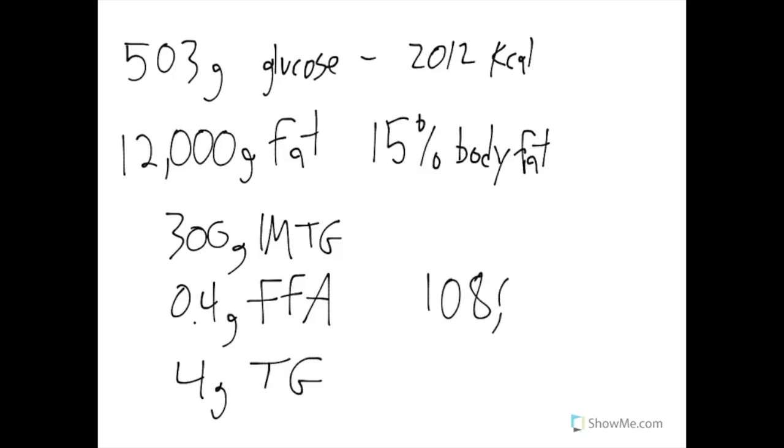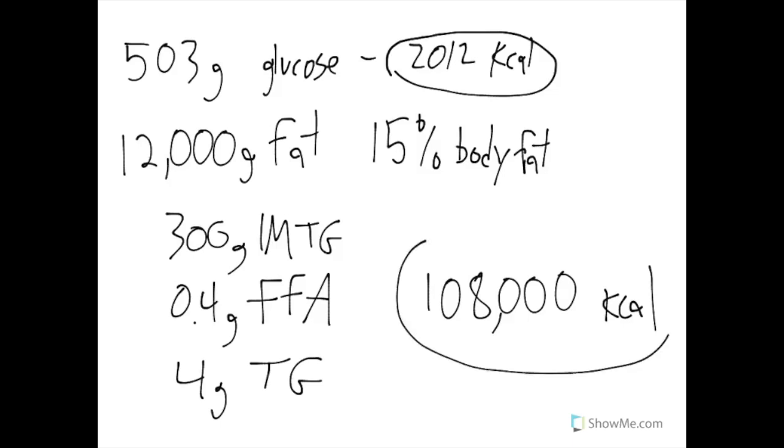That gives us 108,000 kilocalories of energy. So, unfortunately, while glucose is very good at yielding us energy, we have an endless supply of fat for energy. So our body ends up doing a balancing act as we exercise.